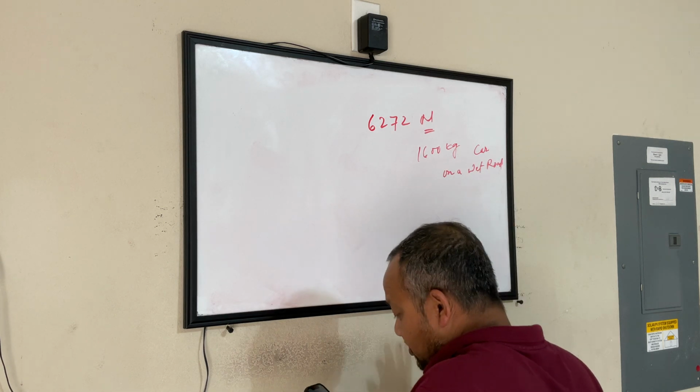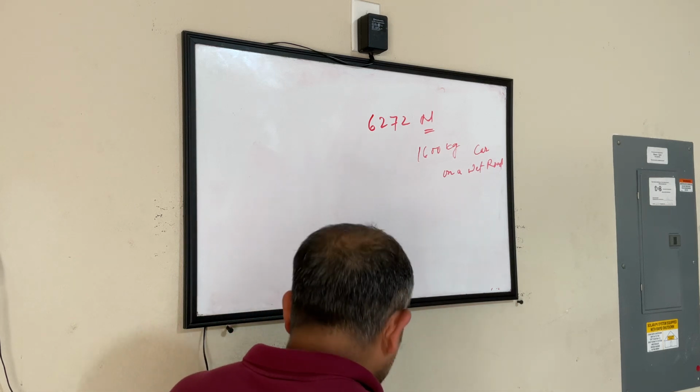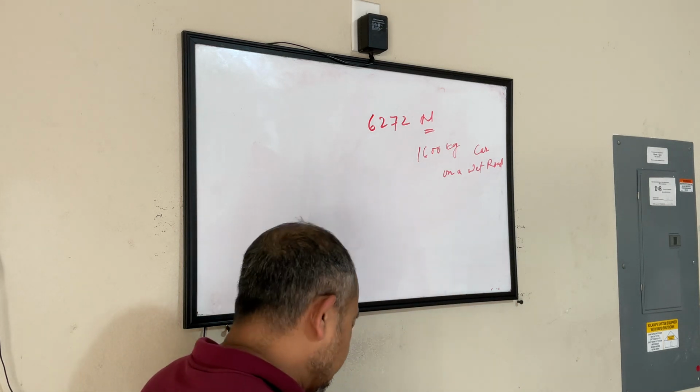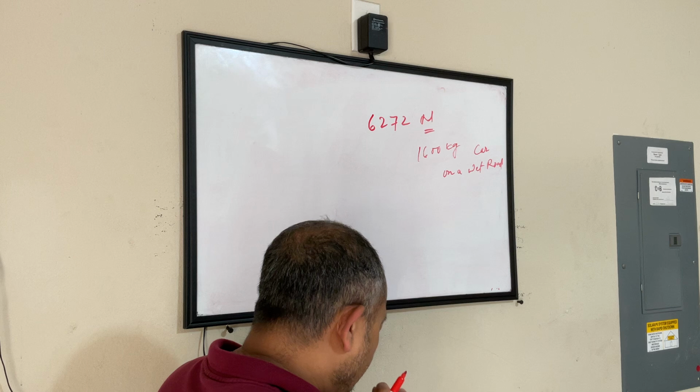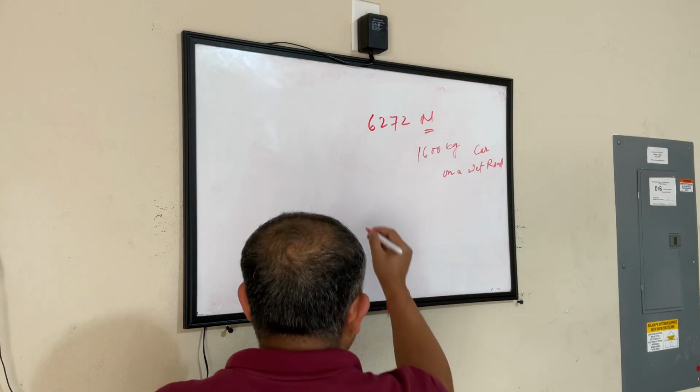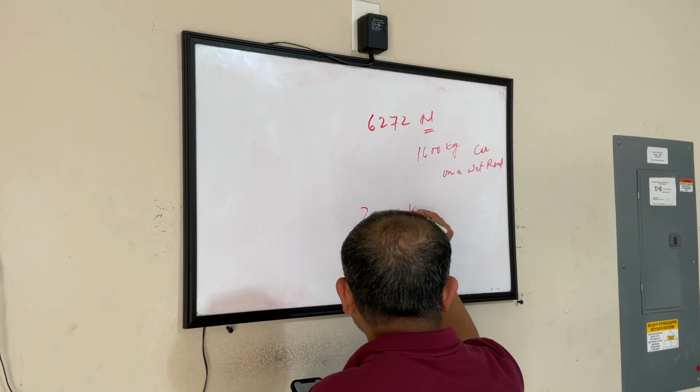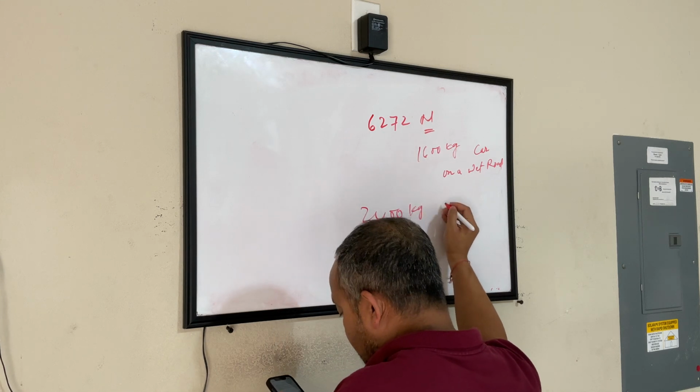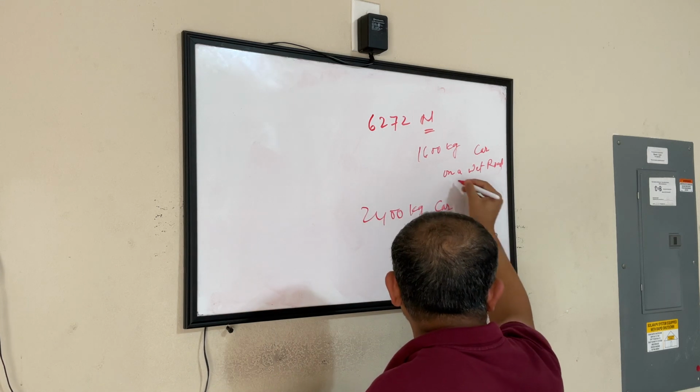I'm just reading the question, writing it down. The way I will do it, that's what I'm doing here. I'm just writing on your behalf. How many newtons of force would friction exert on a 2400 kilogram car under the same condition? So the condition remains the same.